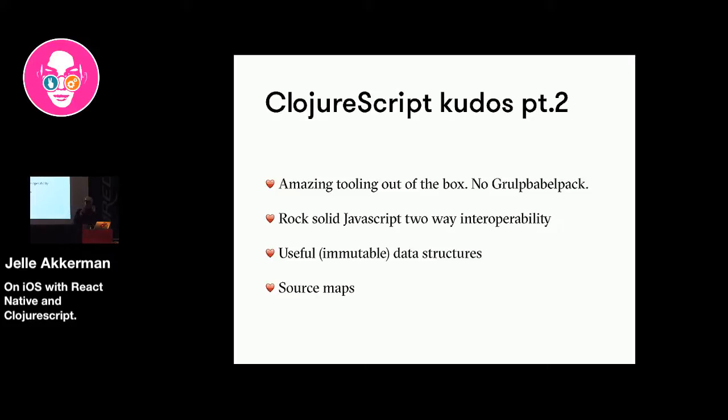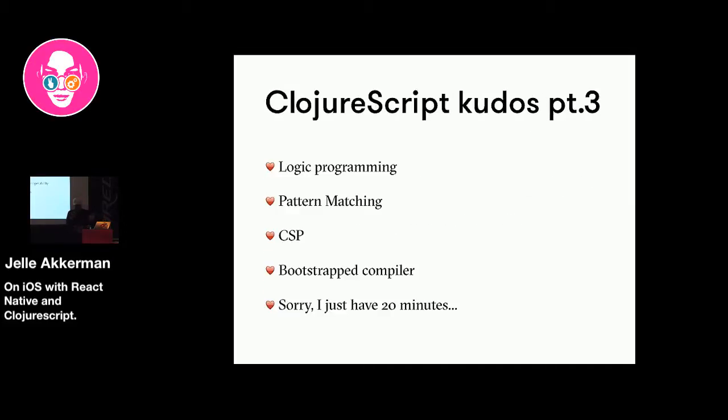It works really well with JavaScript, so you can use existing JavaScript libraries, and you can also export to the JavaScript world. So if you would make a library in Clojurescript, you can actually use it from JavaScript as well. And source maps, which is handy for debugging.